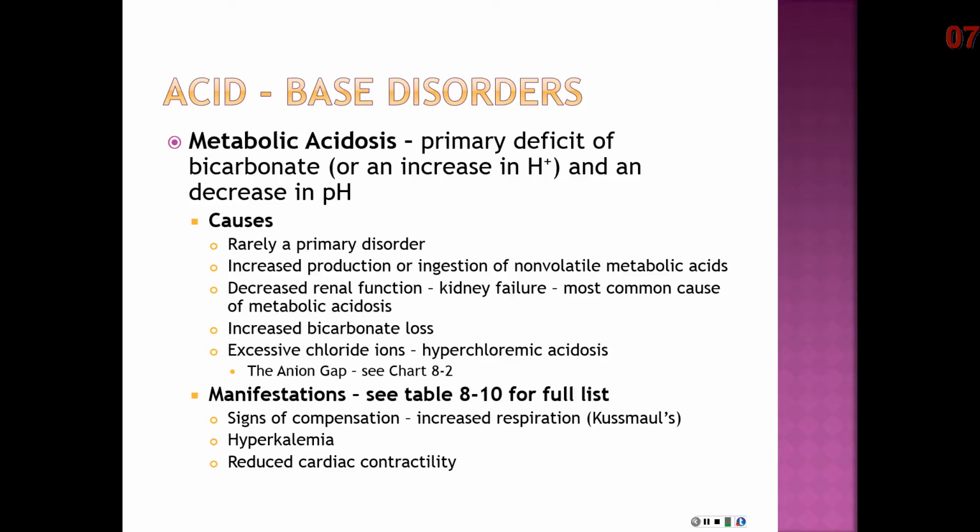The nervous system effects are profound: weakness, lethargy, confusion, can even lead to coma. Cardiovascular effects: there's a lot of peripheral vasodilation and a decrease in cardiac output. The heart function decreases, reduced cardiac contractility. So I just listed a couple things there.